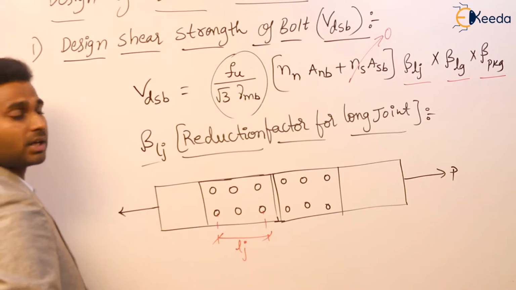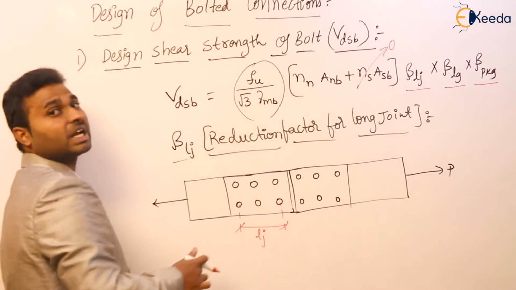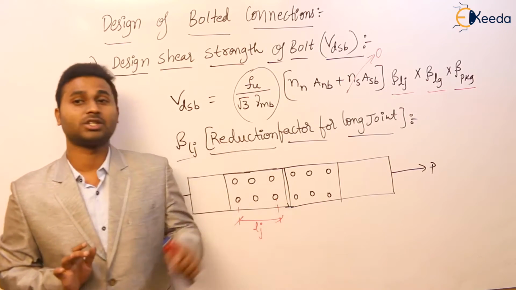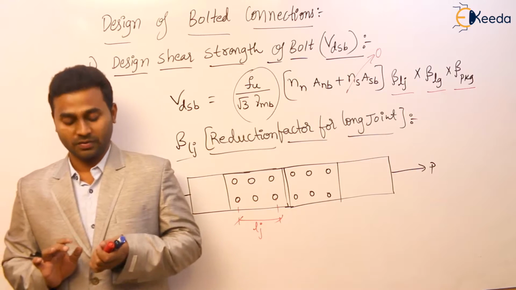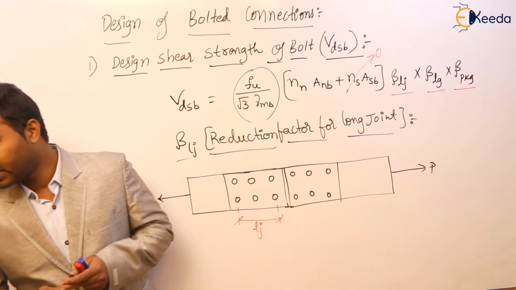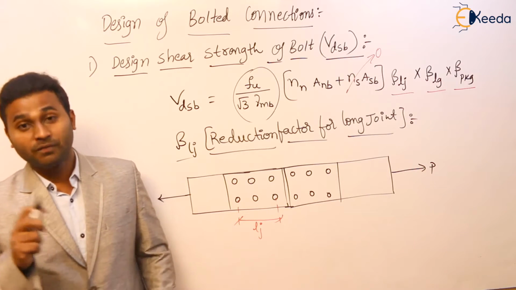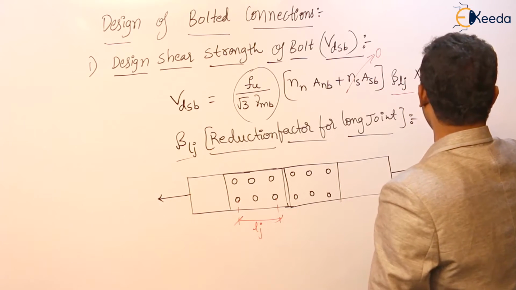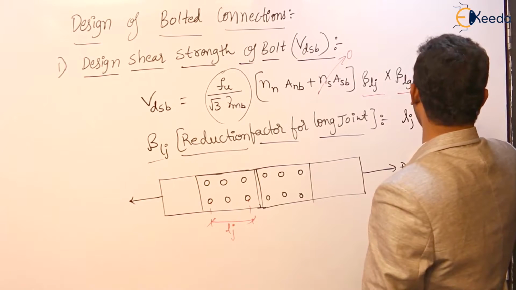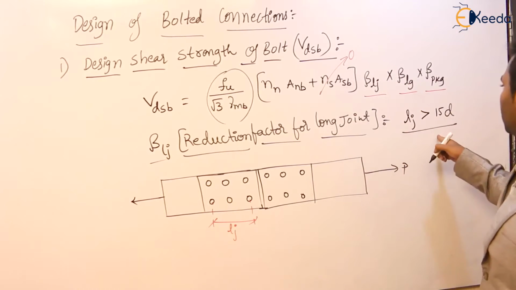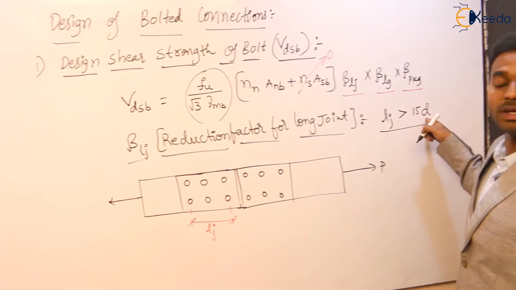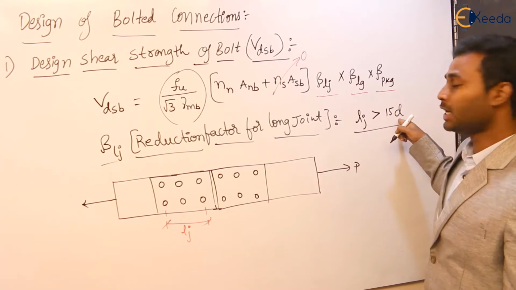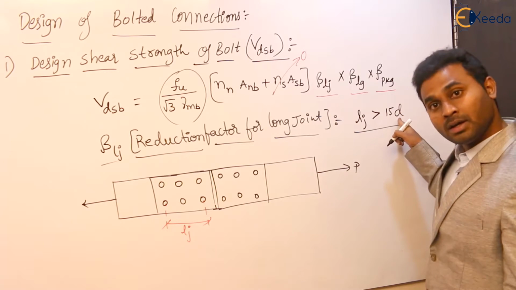joint. Agree or not? If this length is greater than 15D, then we have to apply this reduction factor. What is D here? Diameter of the bolt; Dh is the diameter of the hole, D suffix small h. Here D is the diameter of the bolt.